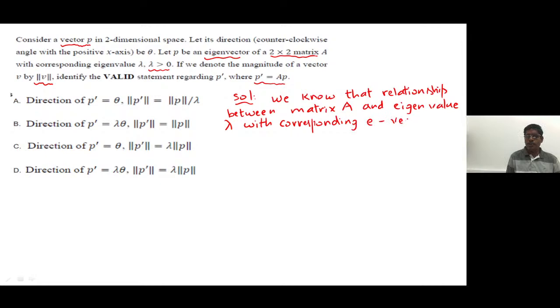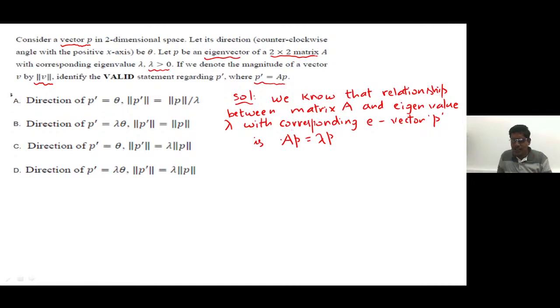That means, in short form, I am writing E vector means eigenvector. Small p, it is given: A into P is equal to lambda times P. So this A into P is given as P dash. So automatically P dash is equal to lambda P.